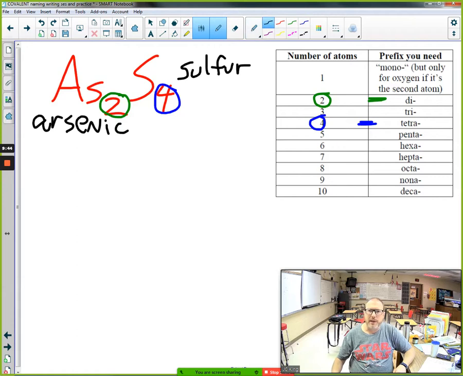So here's how that's going to look. Okay, I put di on the front of arsenic, and I write diarsenic. Sounds violent. Di means two. For 4, the prefix is tetra, so this is diarsenic tetra.